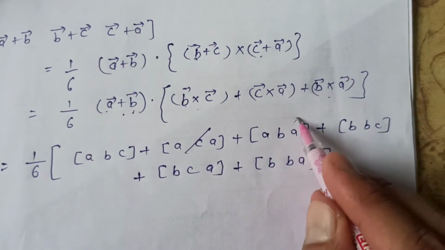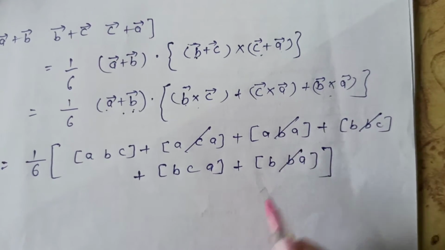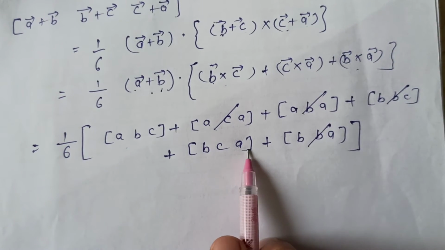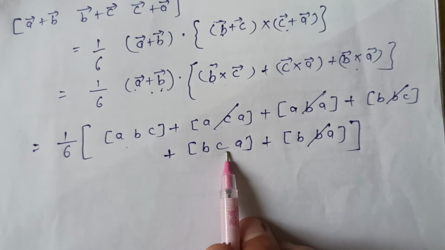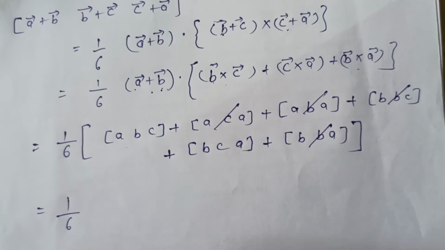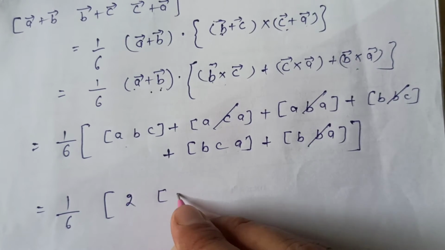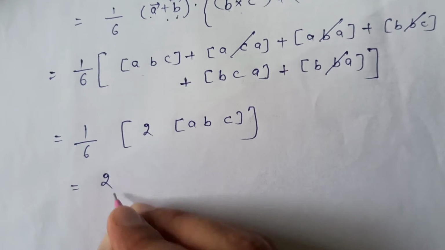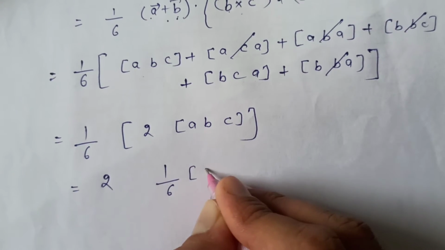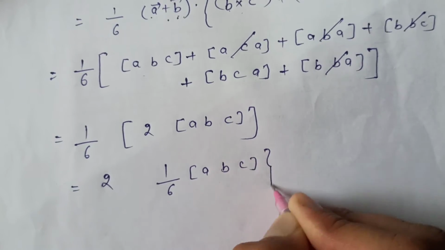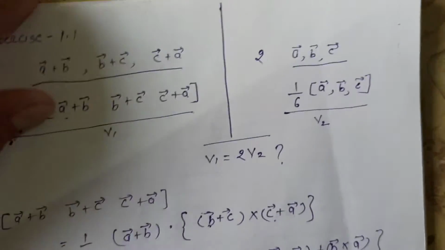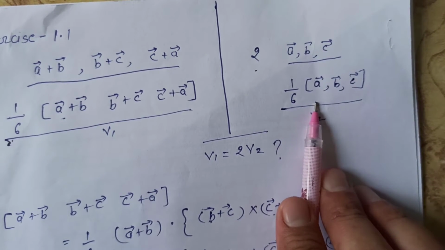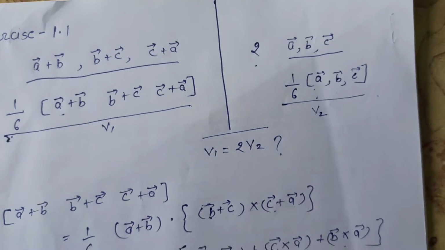So all these scalar triple products with two identical vectors are 0. This is scalar triple product of A, B, C and B, C, A with the same cycle A, B, C. So this is 1 by 6 into 2 into scalar triple product of A, B, C, or that can be written as 2 times 1 by 6 into scalar triple product of A, B, C. That is twice the volume of the tetrahedron formed by A, B, C as the concurrent edges.